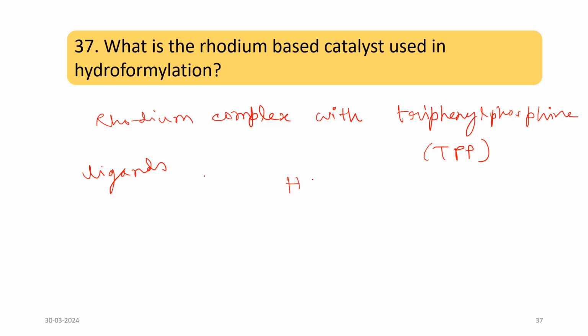This is HRh(CO)(PPh3)3. This is the triphenyl phosphine.